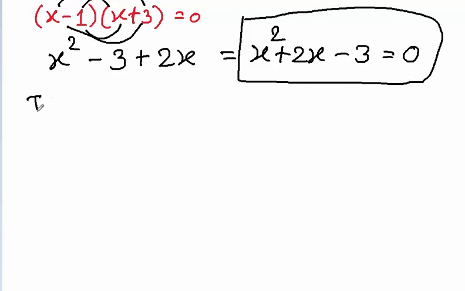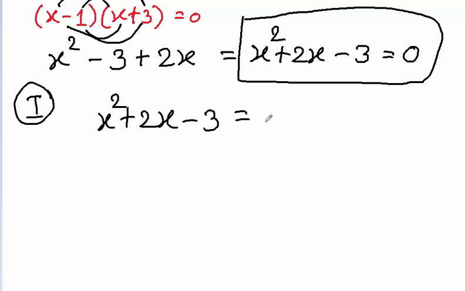So first of all, the first technique is to separate the factors. That means x squared plus 2x minus 3. You have to think about which numbers multiply together to get minus 3. That means minus 3 times 1, right?